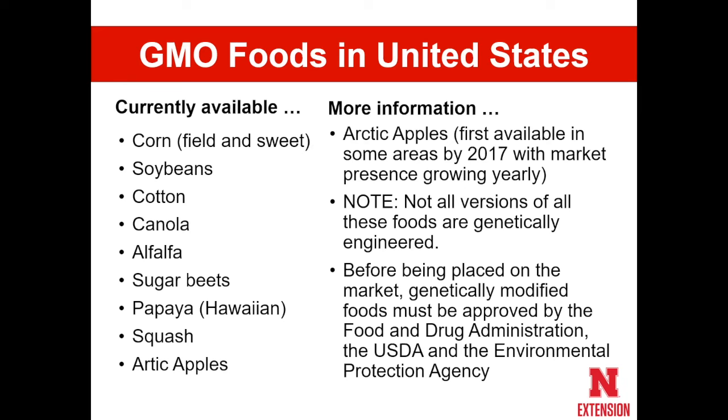I think they're available in a few more markets. But basically, any corn products and soy products are generally genetically modified. So if you're looking for those products, you want to look for ones that are not GMO if that is a concern for you.